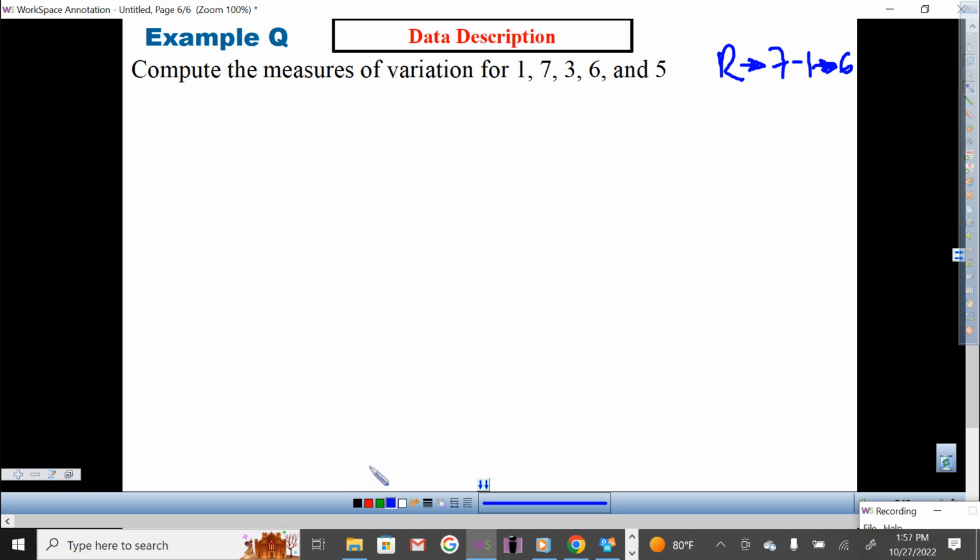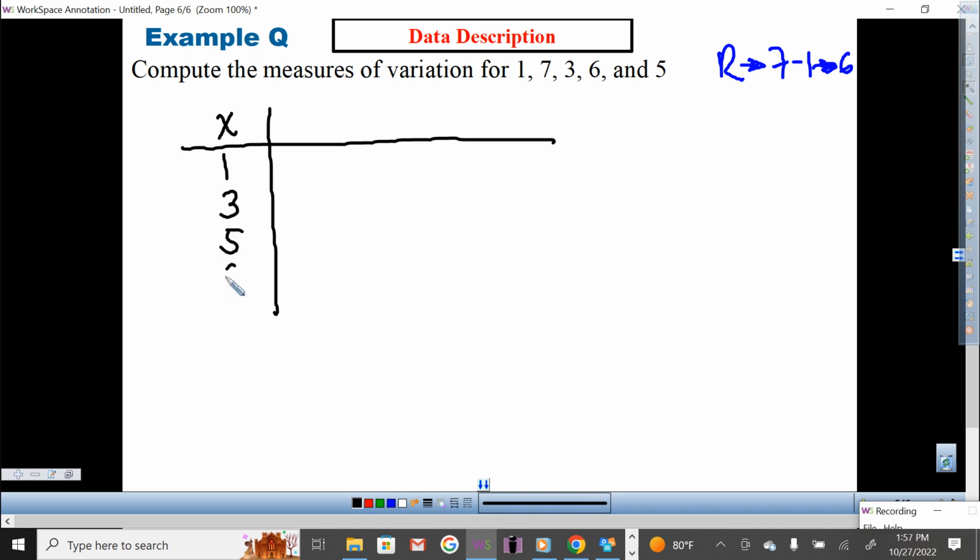Let's go. So, check this out. Let's keep organized. So, follow my lead, please. Sketch a column, and we're going to write x, which are 1, 3, 5, 6, and 7. All right?